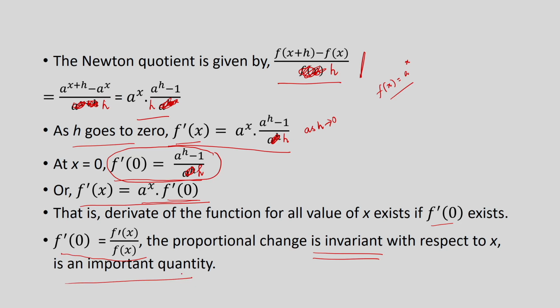F dash of x divided by f of x is the proportional change, and that always remains the same for this kind of function, the general exponential function. It is always the same, and it is given by f dash of 0.